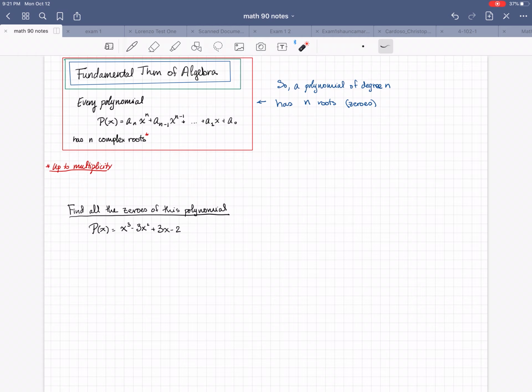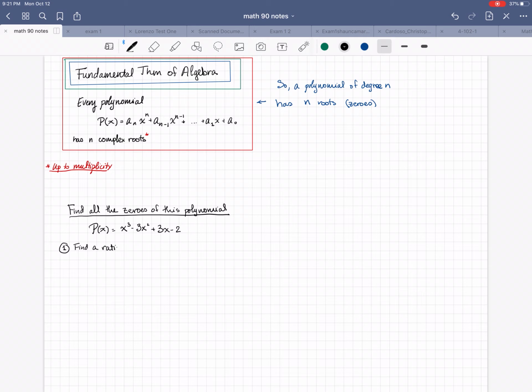So I want to do 2 examples with you in this lesson. For the first one, we're going to look at finding all of the zeros of this polynomial. We already know how to find zeros of polynomials, so we're going to stick to exactly the same process. The first thing we're going to do is find a rational root.